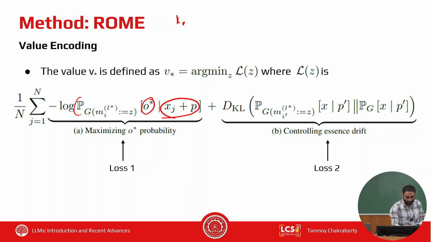So I will measure the probability of this updated desired output. I am interested in such a V, which is Z in this case, for which the output is O star. So I measure the loss, I backpropagate, and I keep on updating the value of V. It's basically fine tuning.